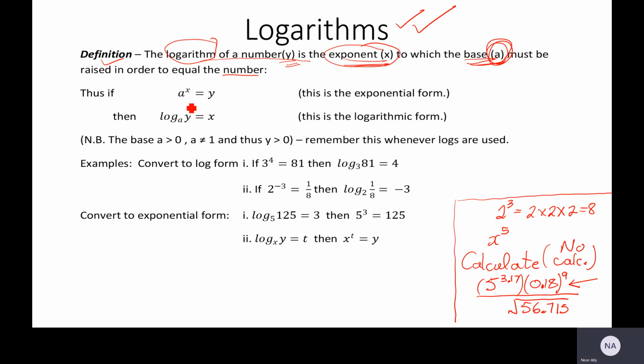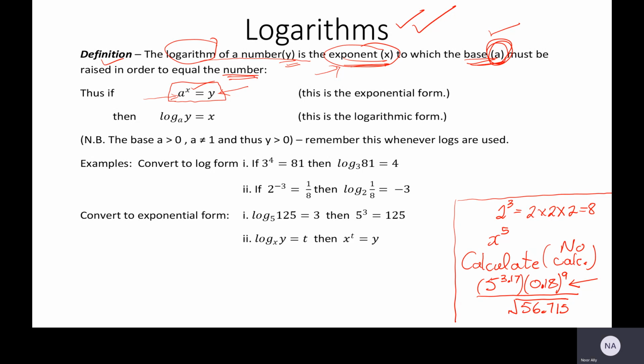So let's look at this exponential form. And this is the first thing you're going to do. So we know this is the exponential form. A is the base there. X is the exponent. And y is the number.